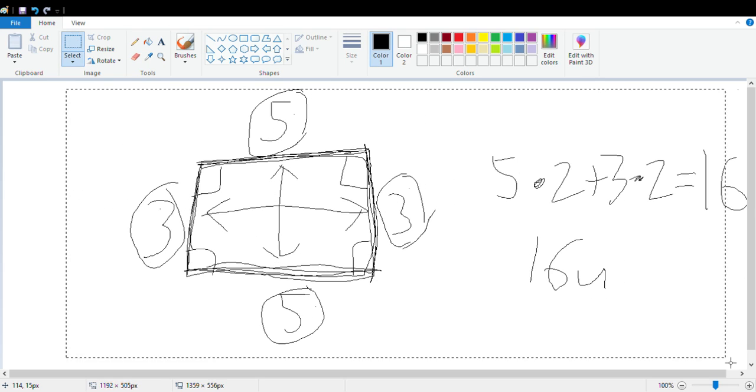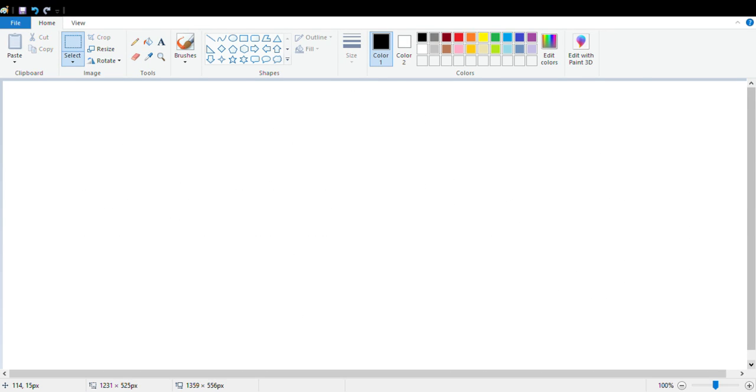But first, before I end the video and do my outro, my amazing outro, I want to give you a challenge. If you have an answer for the area and perimeter of this object, then put it in the comment section below.